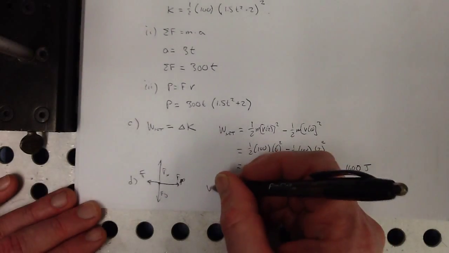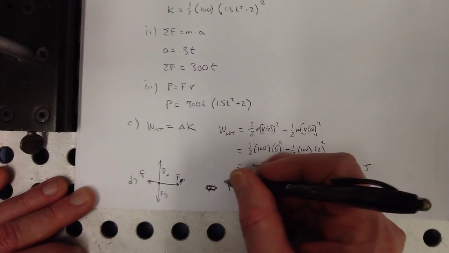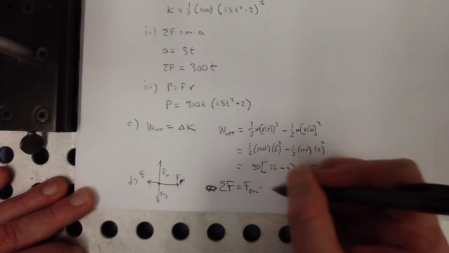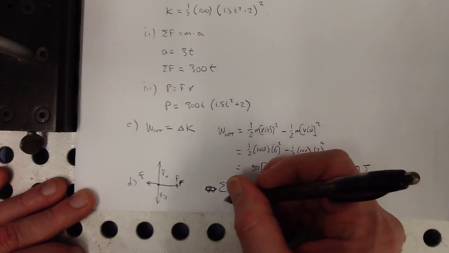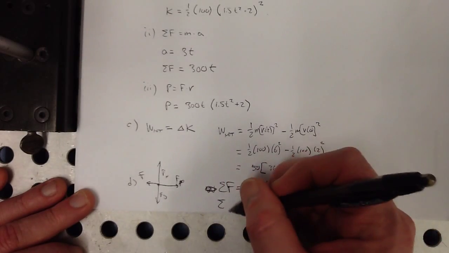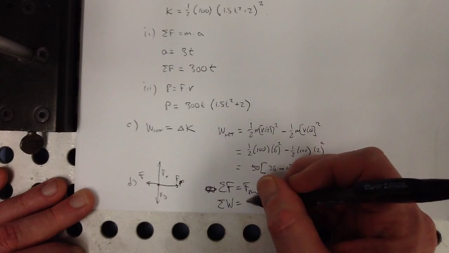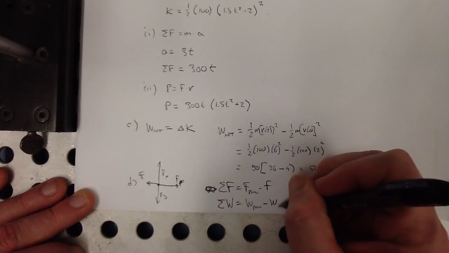So the net work, well, let's write this first. The net force is equal to the force of the pull minus the force of friction. And then likewise, because forces are the things that do work, the net work is equal to the work done by the pull minus the work done by friction.